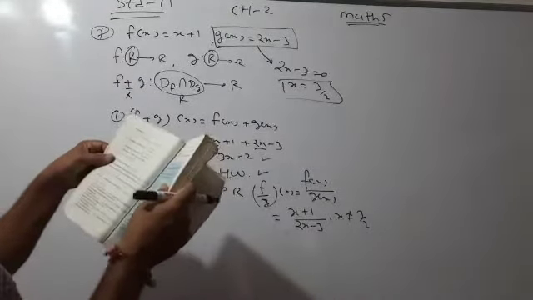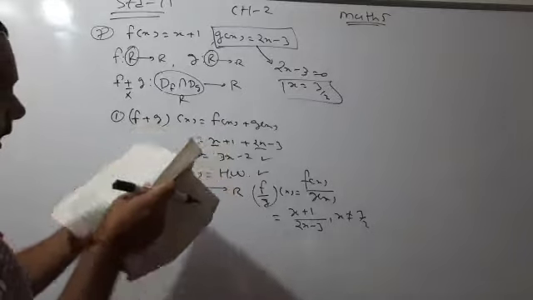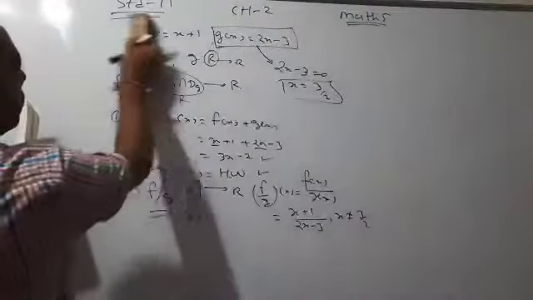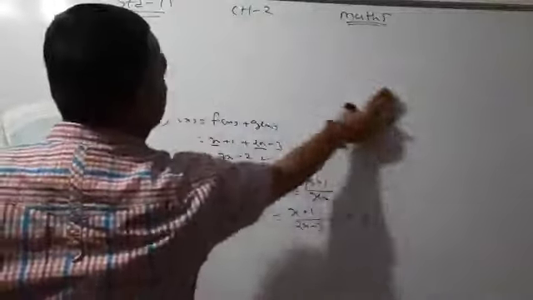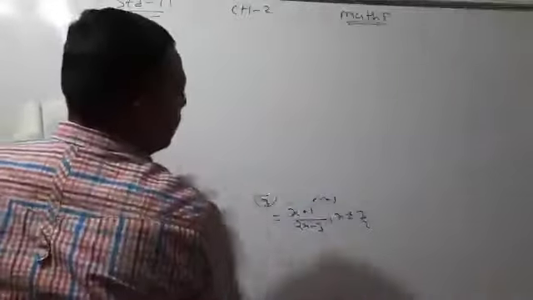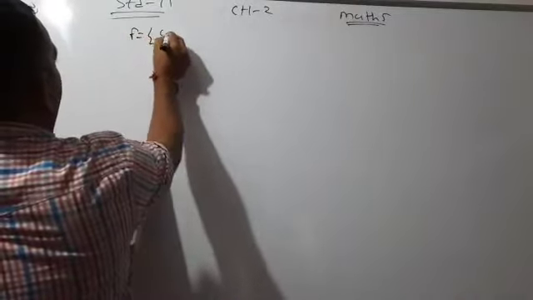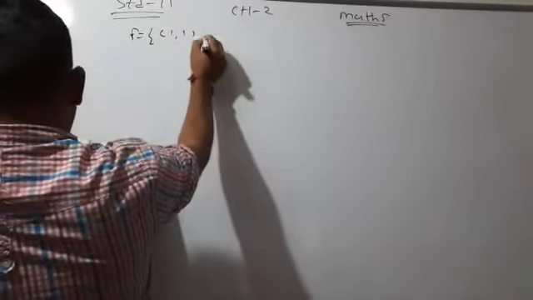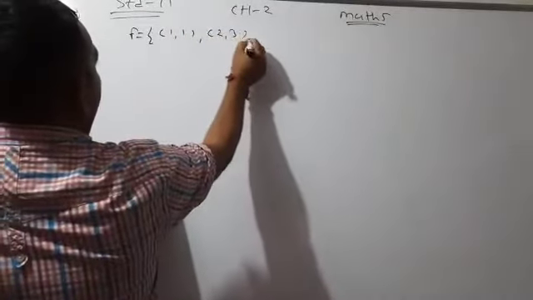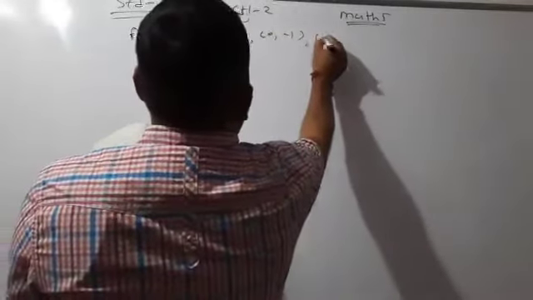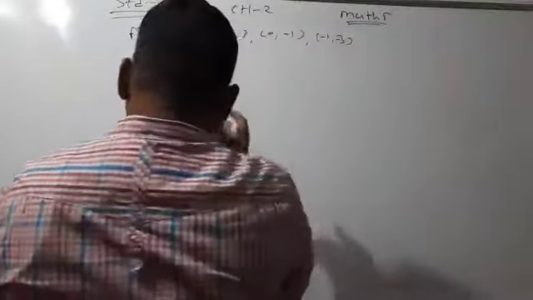Now, question number 8. See, question number 8 is also an important question for MCQ. See, in question number 8, the question is already given that f is {(1, 1), (2, 3), (0, -1), (-1, -3)}.